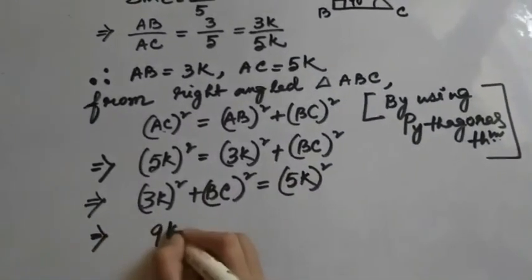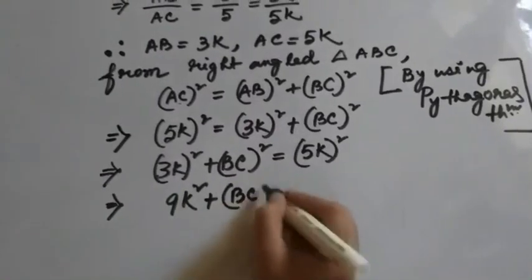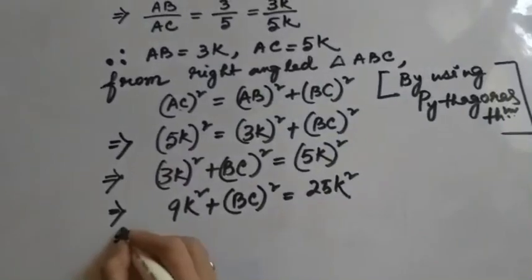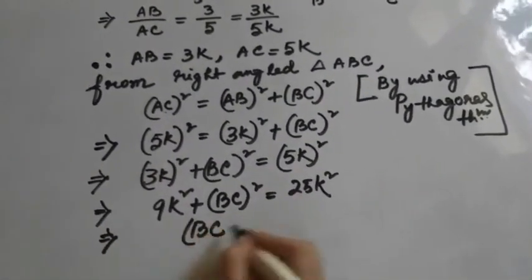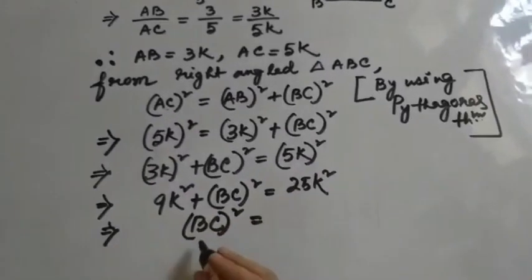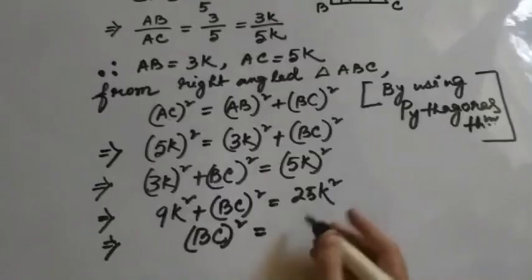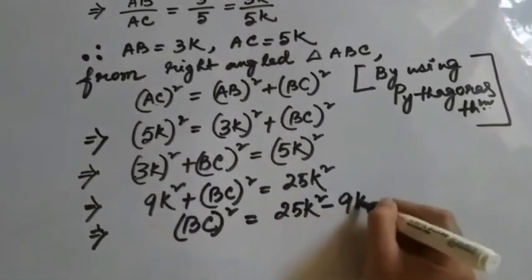It will be 9K square plus BC whole square equals 25K square. I am keeping BC whole square on the left hand side, and I am moving 9K square to the right hand side. So it will be 25K square minus 9K square.